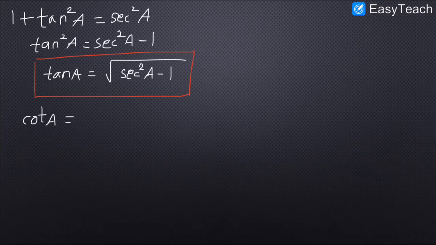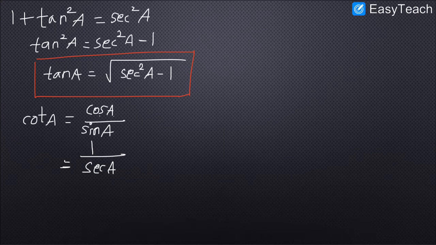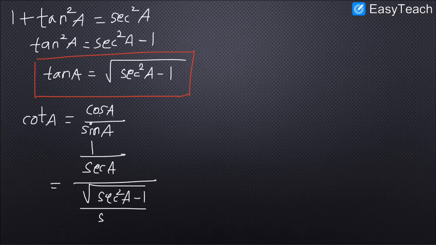So after tan A, let's do cot A. So we know cot A equals cos A by sin A. So we already found out sin A and cos A. Let's substitute. For cos A, I write 1 by secant A. For sin A, we just found out, right, square root of secant square A minus 1 by secant A. And next step, I bring it to numerator.